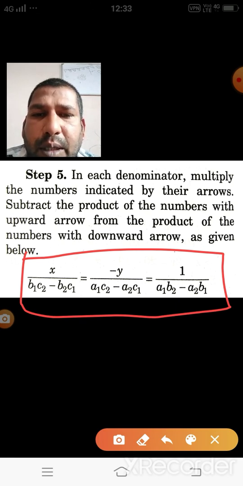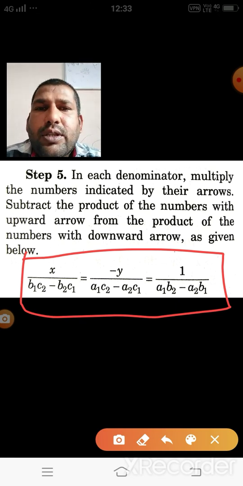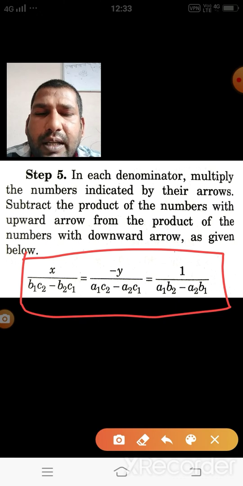Same for b1 and b2, the coefficients of y in the first and second equations. And c1 and c2 are the constant terms of both equations. You may learn the formula or the trick: for x upon, write the coefficient of y first, then the constant term, then take the product up to down minus down to up, and you will easily get this form.